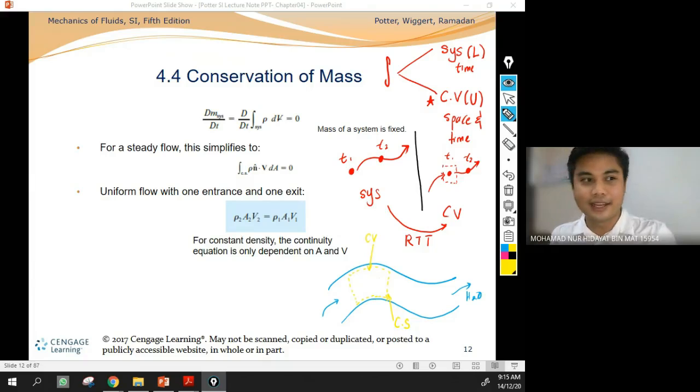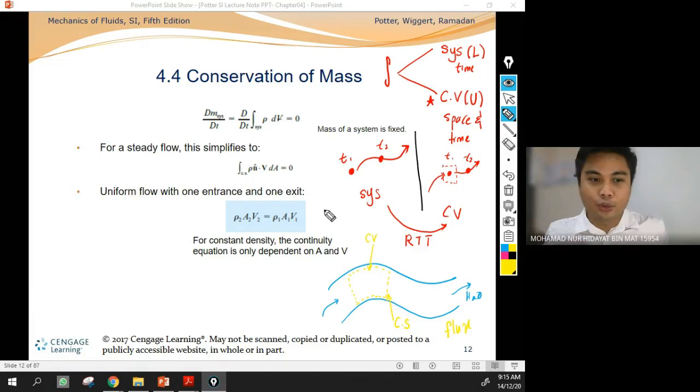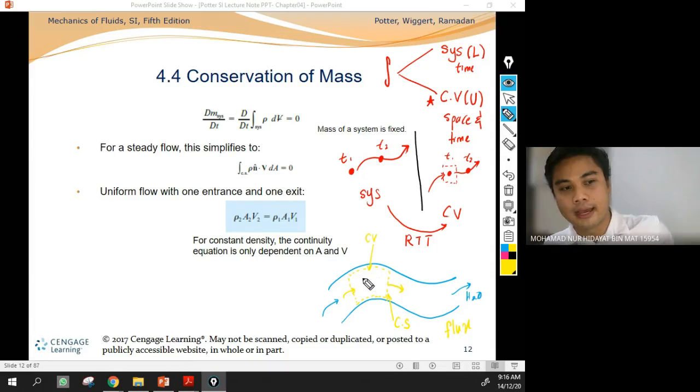The flux, F-L-U-X, is actually the extensive property coming into the system and leaving the system. Remember, I gave you one quiz to define the flux, to define the extensive property and intensive property. So the flux is actually the extensive property coming into the system and leaving the system.